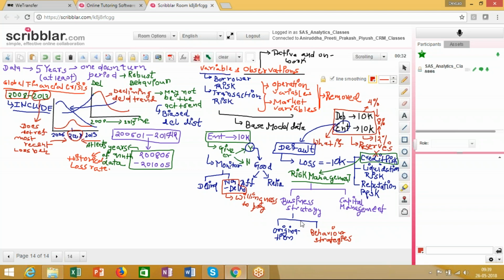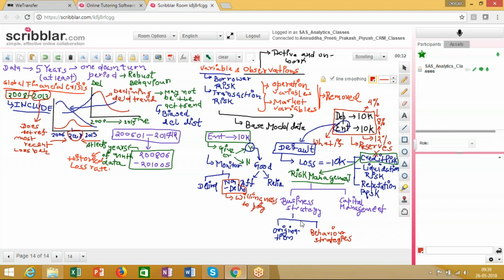So capital management is guided by the regulator. How much capital should a bank set aside, and what are the parameters based on which we would decide the optimal amount of capital? This is where the role of capital management comes in.